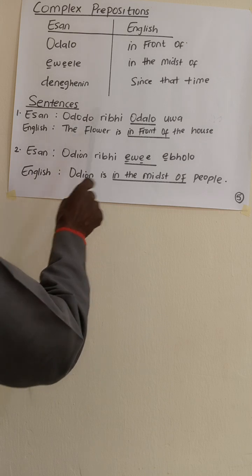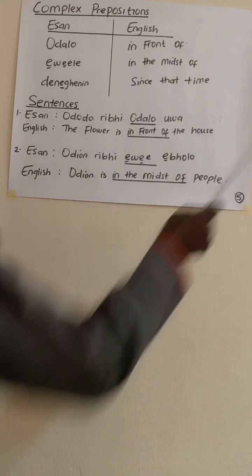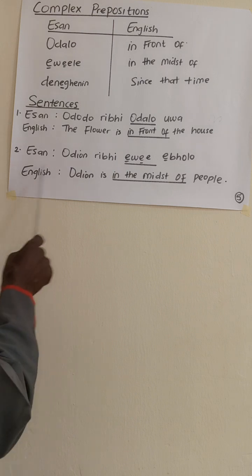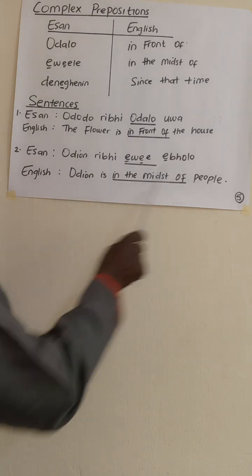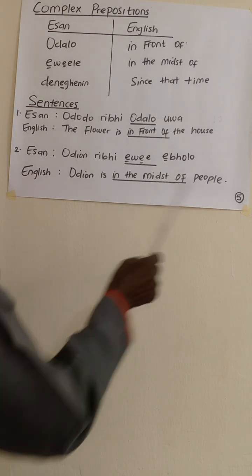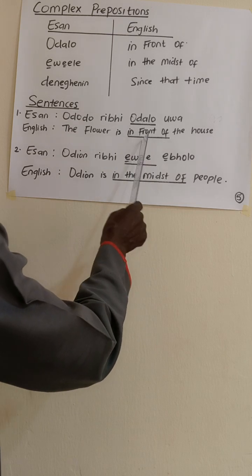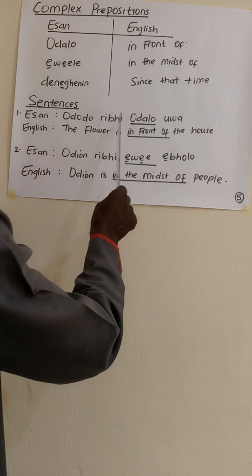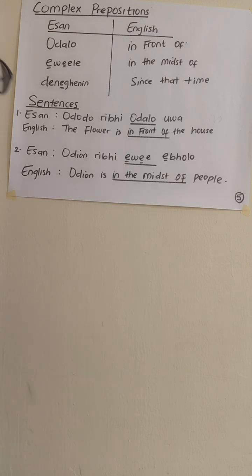Ododori Odaluwa. The flower is in front of the house. Number 2, Odoniri Ewewo. Odon is in the midst of people. Look at the underline: in the midst of is Ewe in Esan, and in front of is Odalu in Esan. These are the prepositions you have in Esan language.